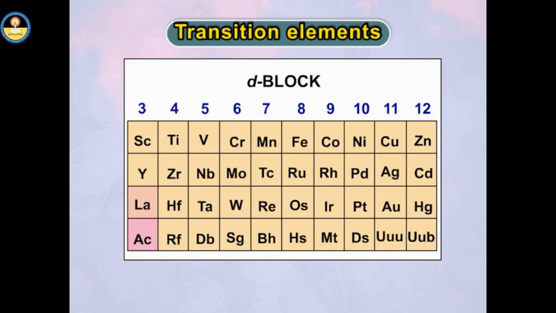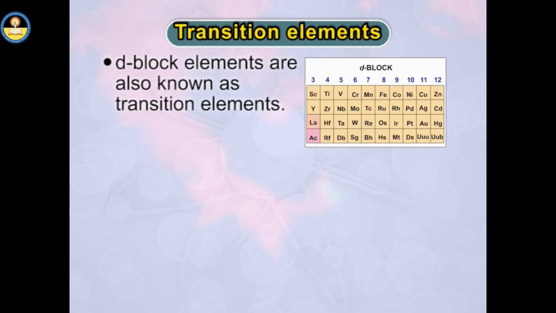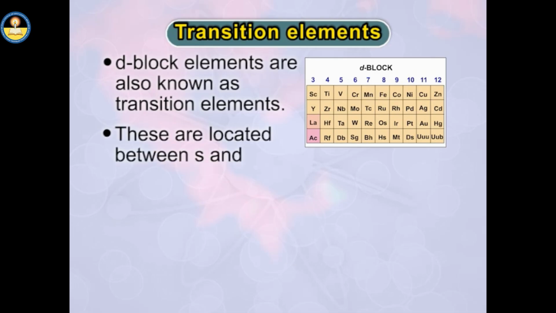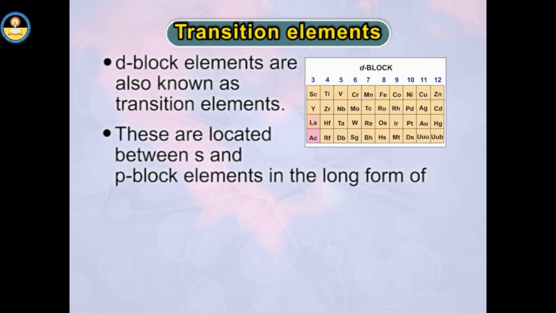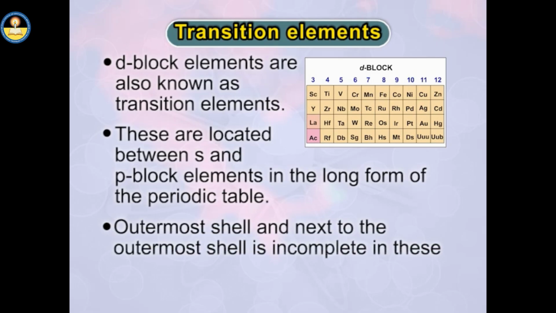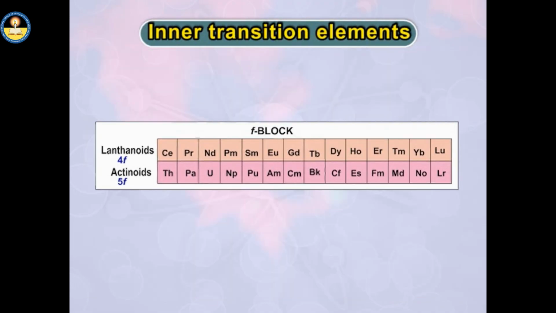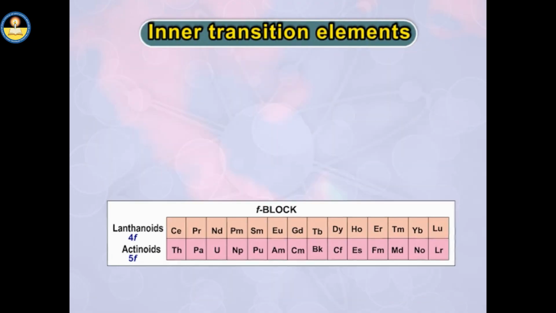Transition elements. D-block elements are also known as transition elements. These are located between s and p block elements in the long form of the periodic table. The outermost shell and the next to the outermost shell are incomplete in these elements. Inner transition elements.